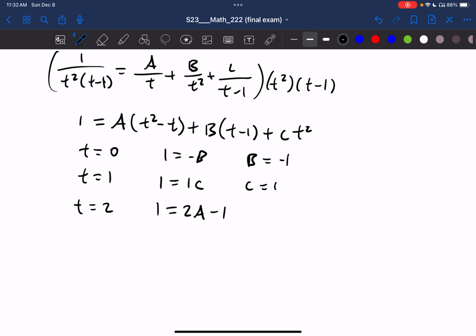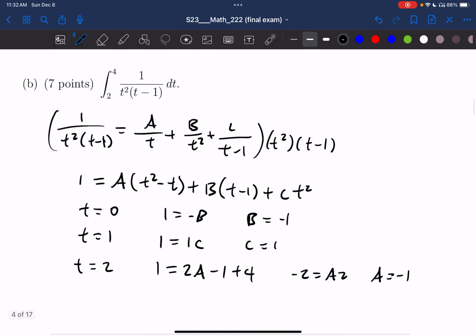So plus negative 1 plus c, substituting in 2 for t is going to be 4. 4 times 1 is going to be 1 plus 4. This will give us negative 1 plus 4, which is going to be positive 3. Subtract it on the other side, you're going to get negative 2. So negative 2 is equal to 2a. So a is equal to negative 1.